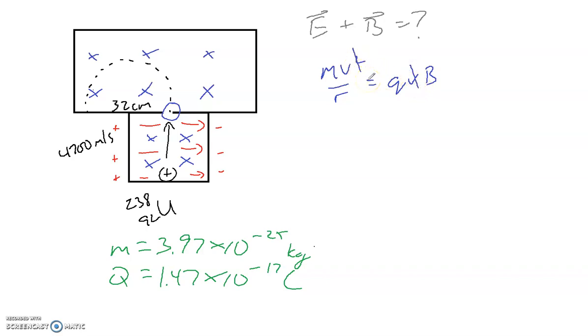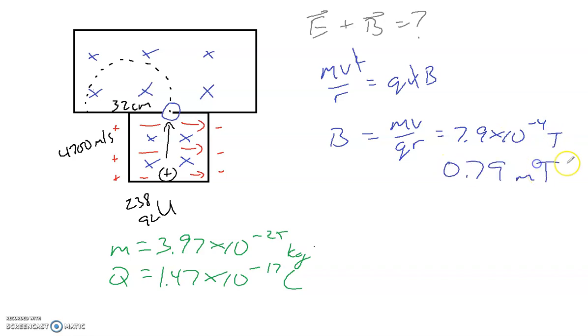So then my magnetic field, just taking the q over there, would be mv divided by qr, and of course the radius would be the 16 centimeters, so make it 0.16 meters, not the 32. If we do that, hopefully we get around 7.9 times 10 to the negative 4 teslas, or 0.79 milliteslas, and that would be my magnetic field.